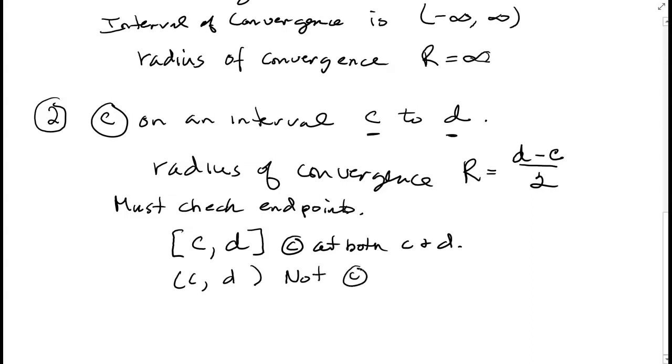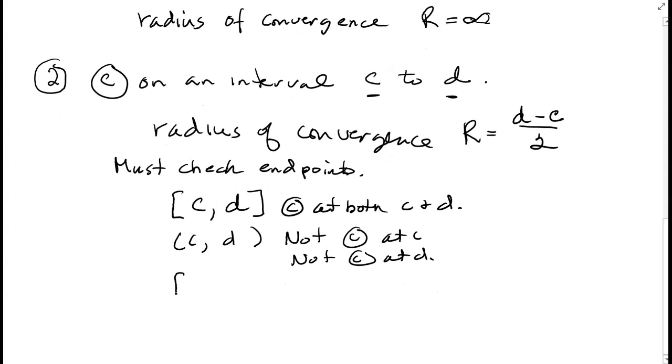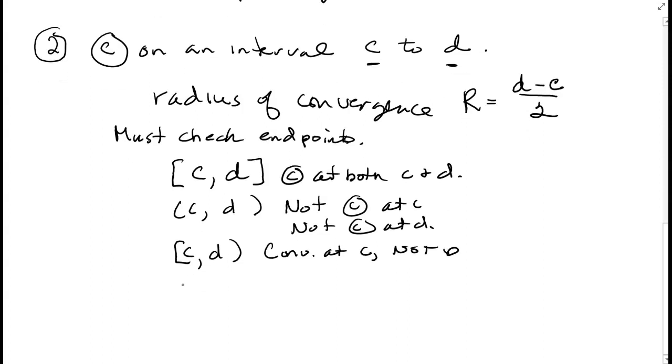You would write it like this if it's not converging at C and not converging at D, but converging everywhere in the middle. And then, of course, you can have it like this: it converges at C, not D. So you get the idea.